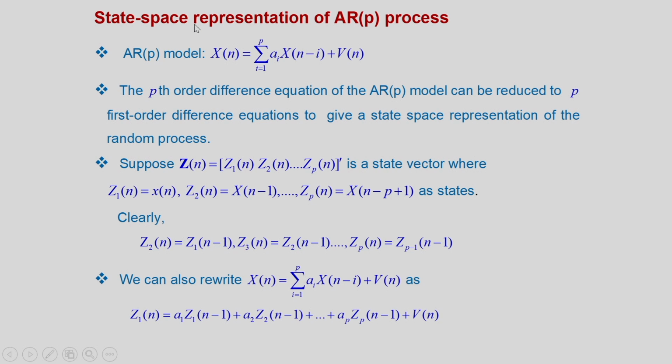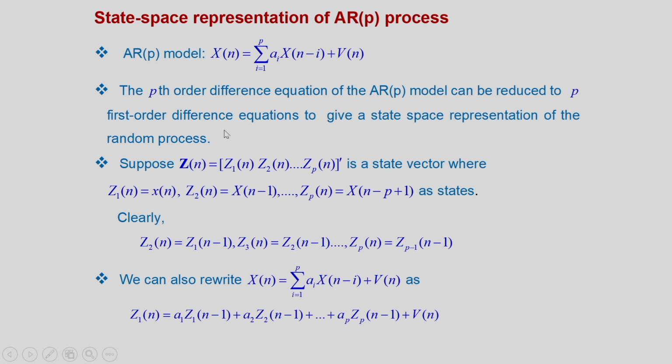We will introduce one important concept, that is state space representation of the ARP process. The ARP model is xn equal to summation ai into x of n minus i, i going from 1 to p, plus Vn. The pth order difference equation of the ARP model can be reduced to p first order difference equations to give the state space representation of the random process.